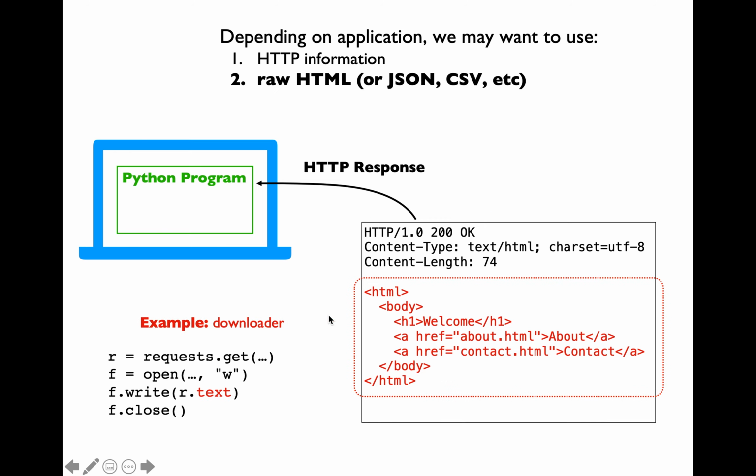The second example would be for you to download the contents of the remote resource into a local file. The remote resource can have HTML or JSON or CSV file format. Recall that we can access the contents of the HTTP response by typing r.text.